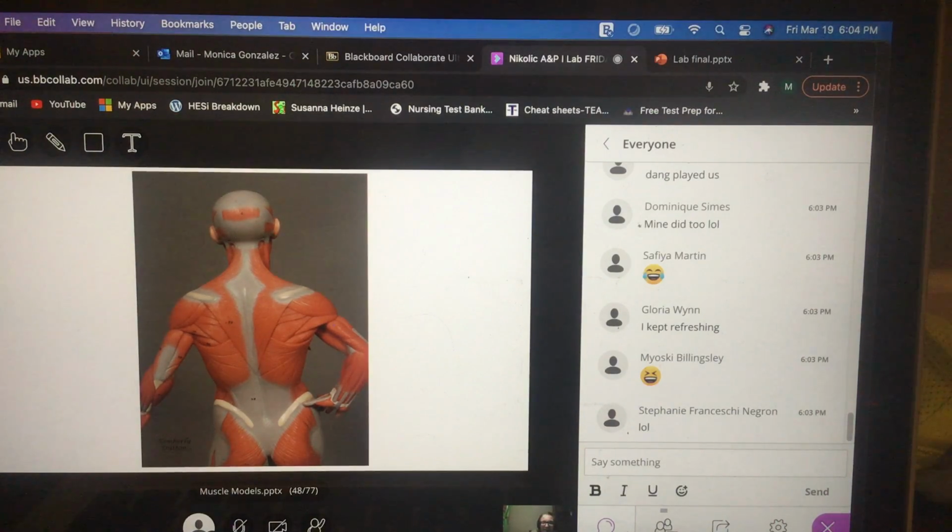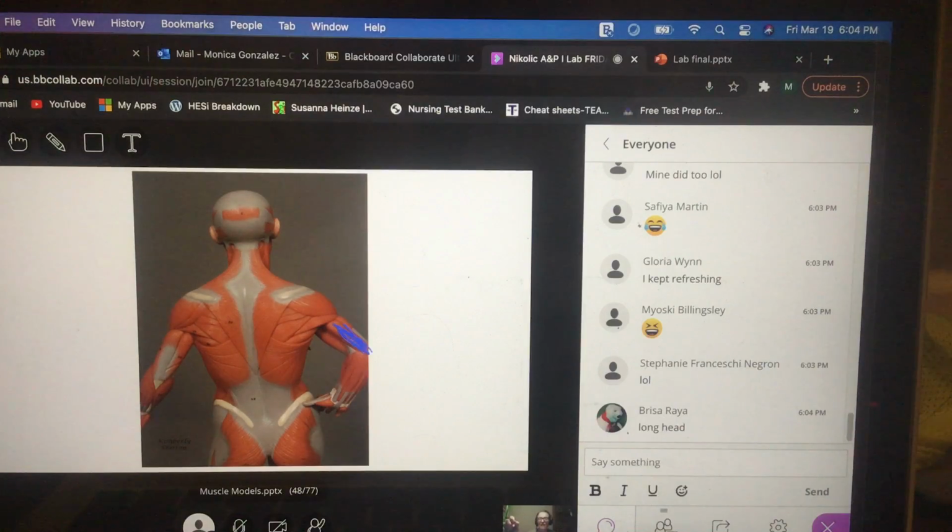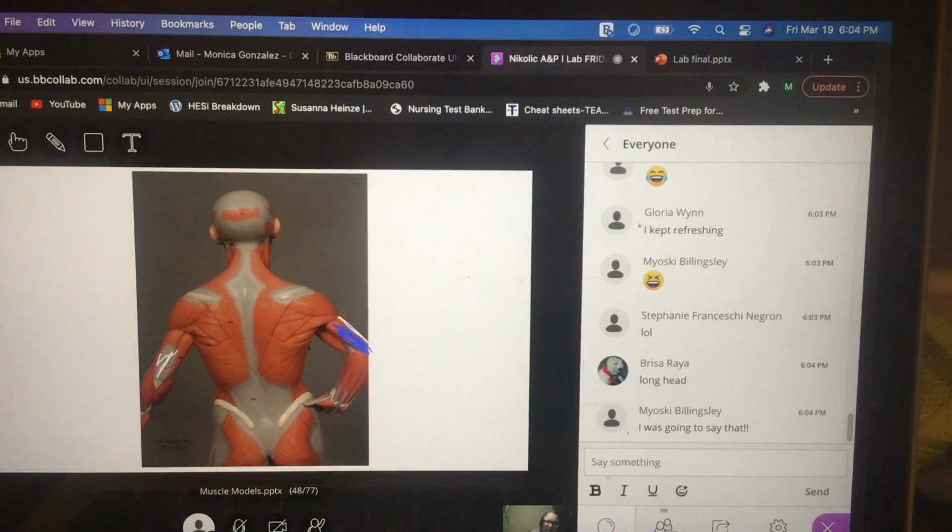It's the long head, not the lateral head. And the lateral head has the little white part here. That's the lateral head. Yes. Whew. You should have said it.